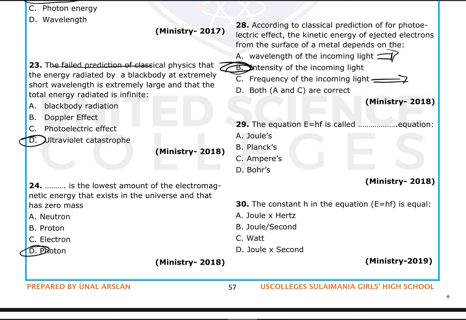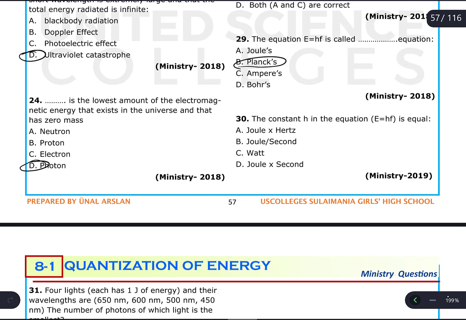Question 29. The equation hf is called Planck's equation for a photon. The constant h in the equation is equal to, what is the unit of h? It's very easy. h is equal to E divided by f. E is joule, f is the frequency, which is hertz or 1/second.